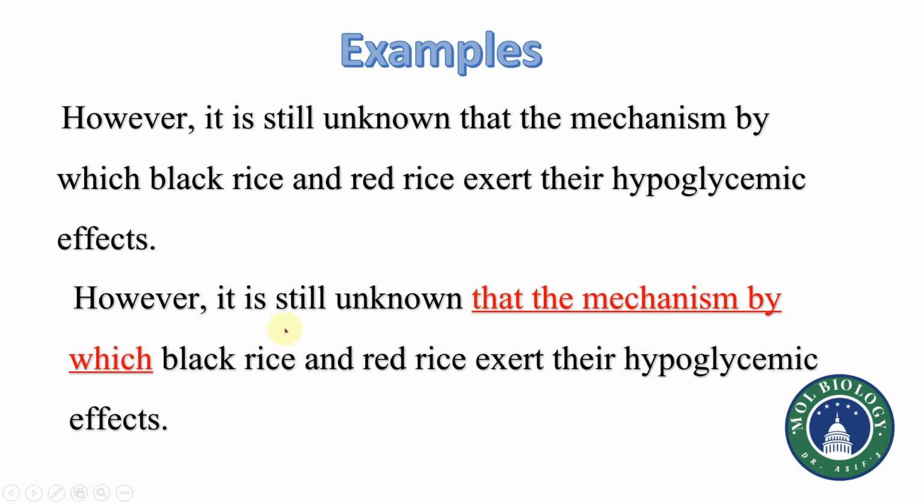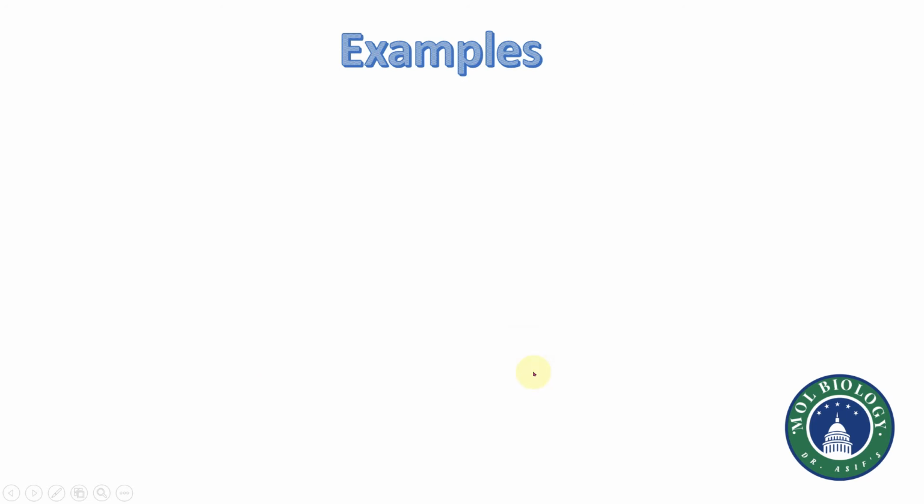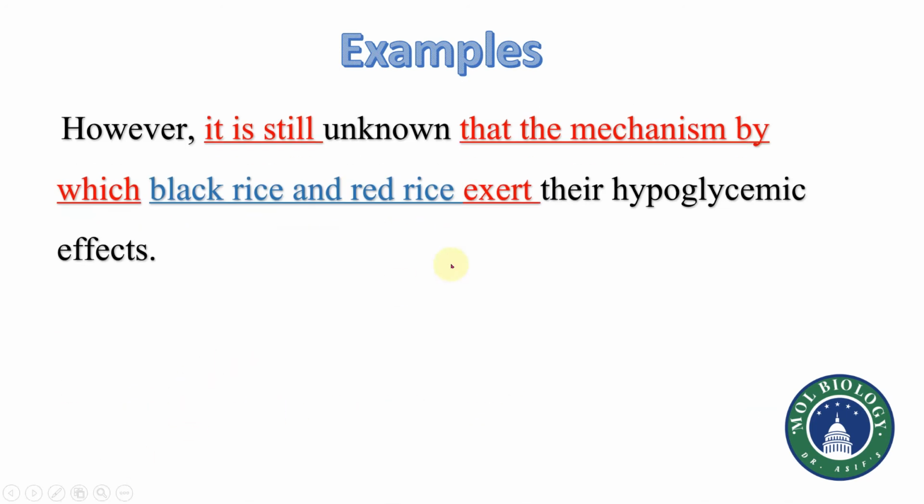We can remove one, either "that" or "which", according to the sentence's need. Can you identify more? Black rice and red rice. Let's try to find more. However, it is still unknown that the mechanism by which black rice and red rice, do you think there is also a mistake here? And can this word also be used?